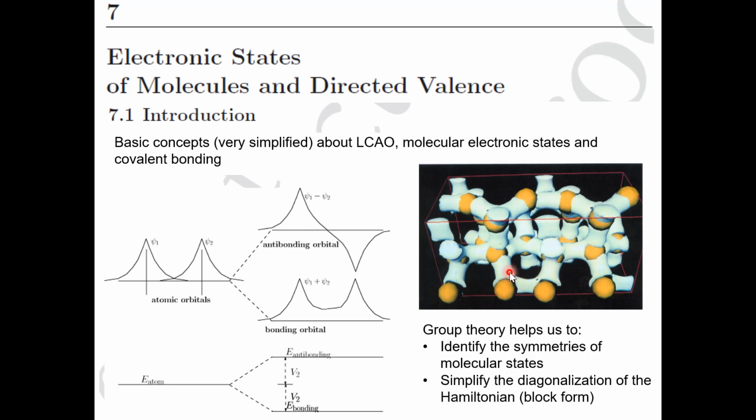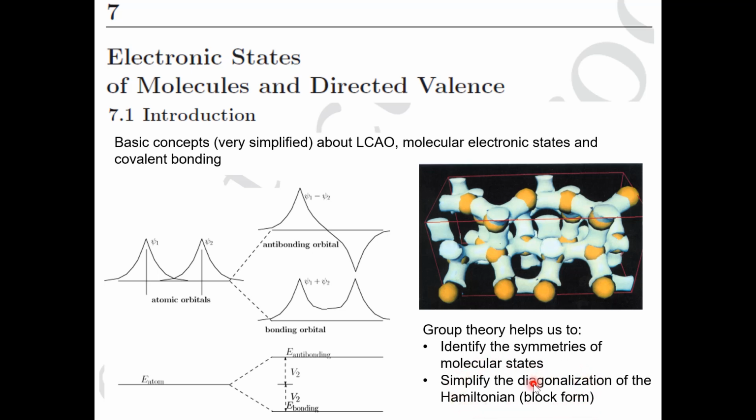Going back to group theory, it will help us, as I said, in identifying the symmetries of the molecular states, and also, as we're going to see in this lecture, it helps us in simplifying the diagonalization of the Hamiltonian, because you can group different states with different symmetries in separate regions of the Hamiltonian matrix.